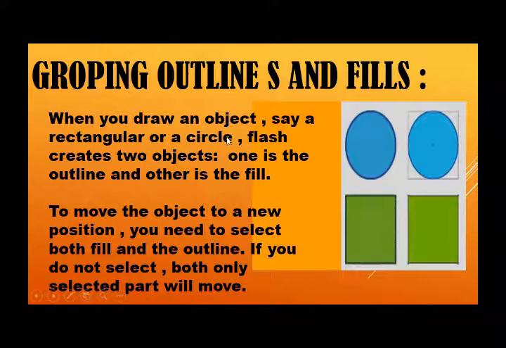When you draw an object, say a rectangle or a circle, Flash creates two objects. One is the outline and the other is the fill. To move the object to a new position, you need to select both fill and outline. If you do not select both, only the selected part will move.